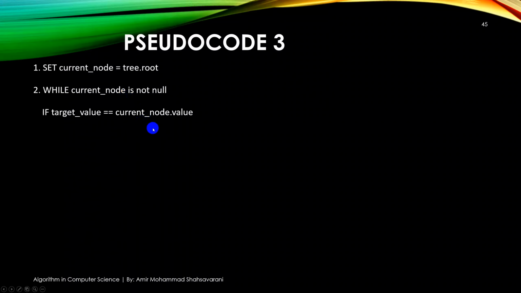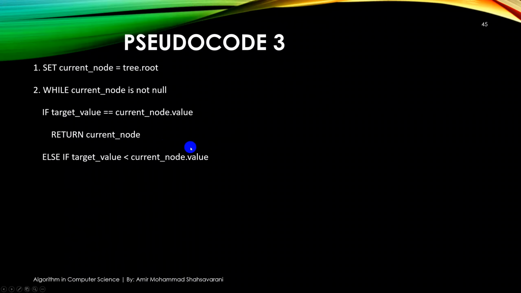Okay. If the target value equals, this type of writing shows two equal signs, and we just mean that the values are equal to each other, not setting a value for some variable. If our target value equals our current value, okay, then return current node as our result.